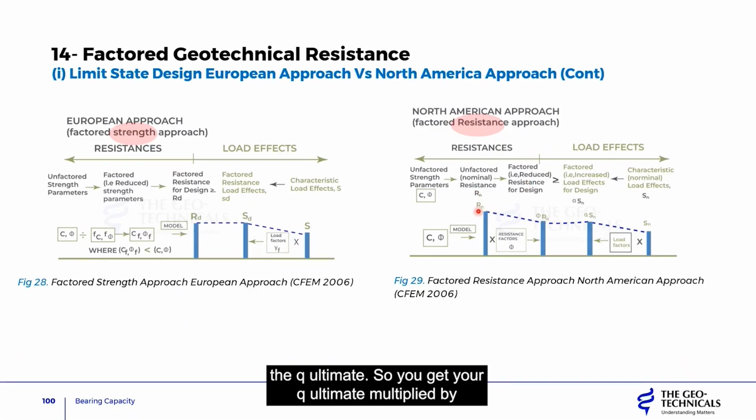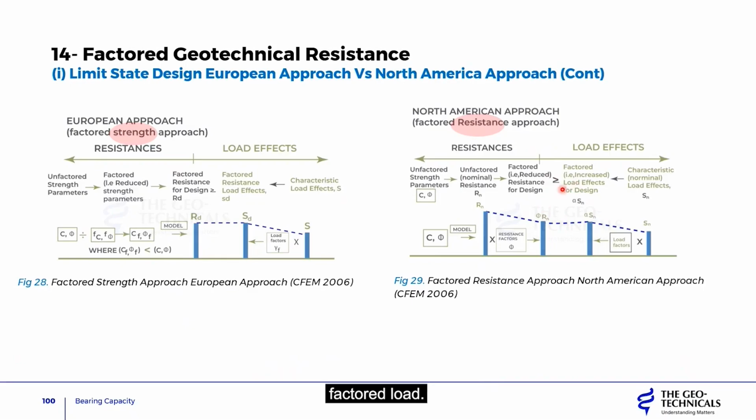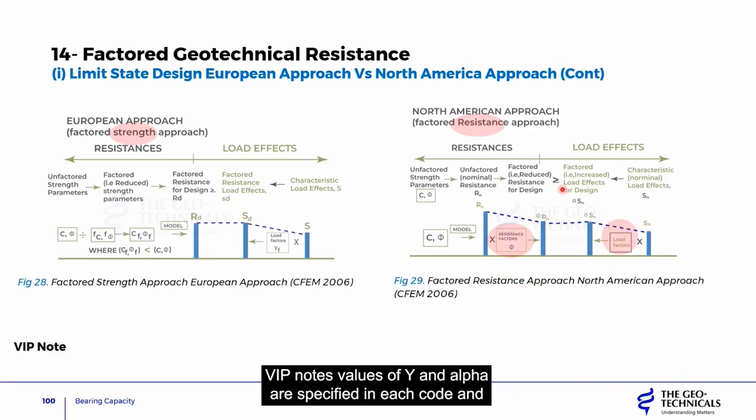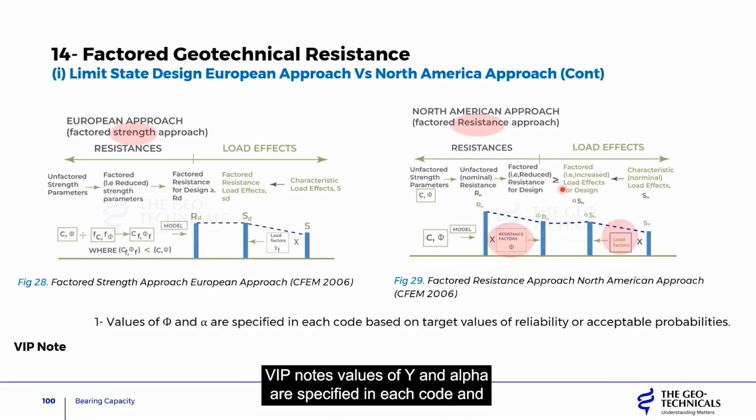You multiply Q ultimate by a factor, which is less than 1, so you decrease your ultimate resistance. That's what we call factored geotechnical resistance. That factored resistance is compared to the factored load, and it must be more than the factored load.